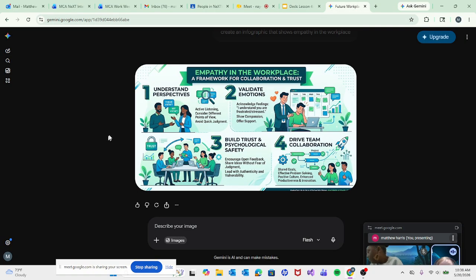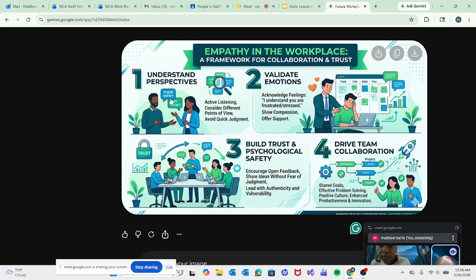So let's see the image that we got. Empathy in the workplace, a framework for collaboration and trust. Of course, the main thing I'm going to look for is, does it have AI imperfections? If it's something I would want to use, make sure people's hands are the right way and everything. So: understand perspectives, their view, my view, active listening, consider different points of view, avoid quick judgment, validate emotions.